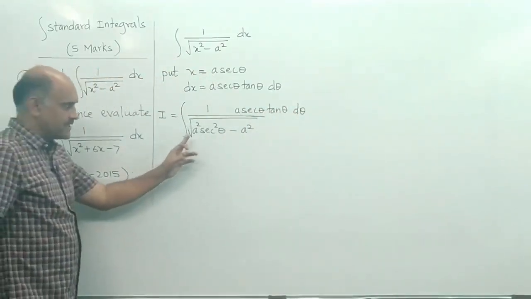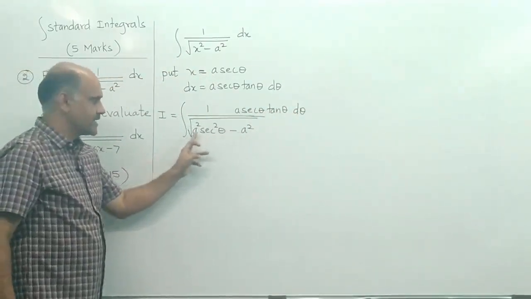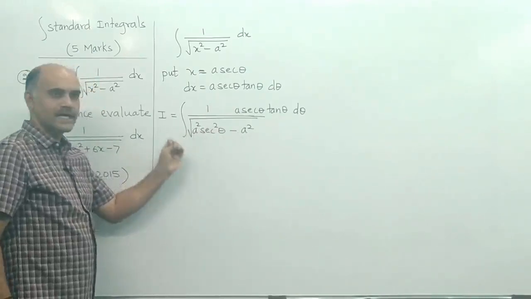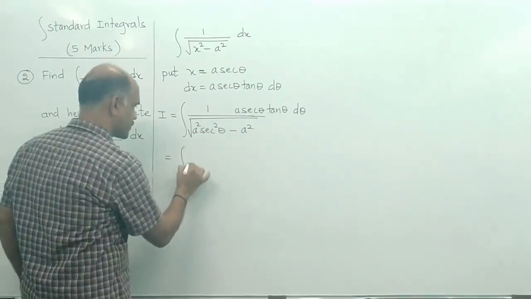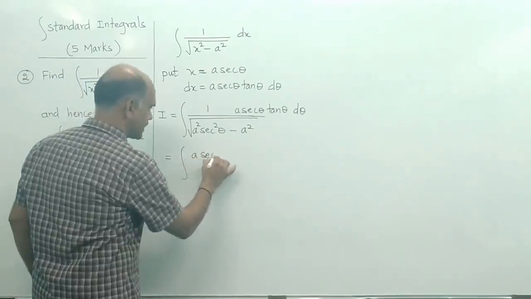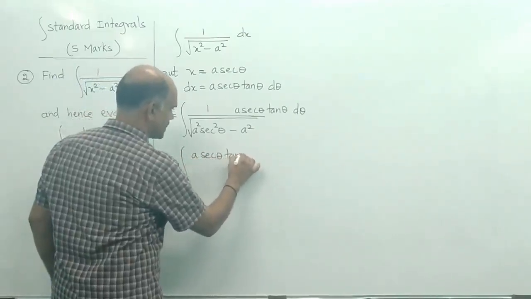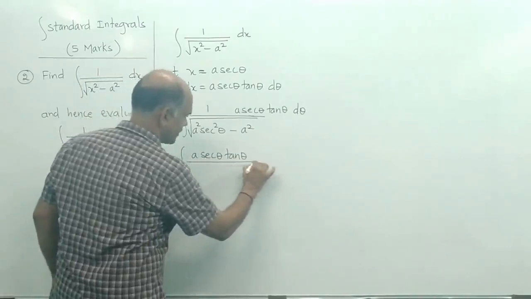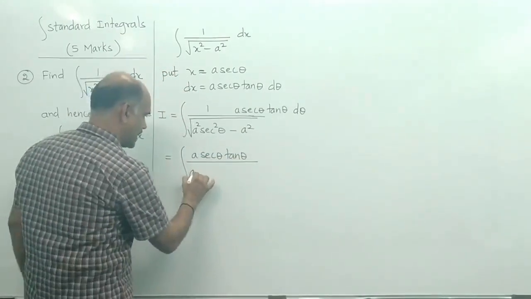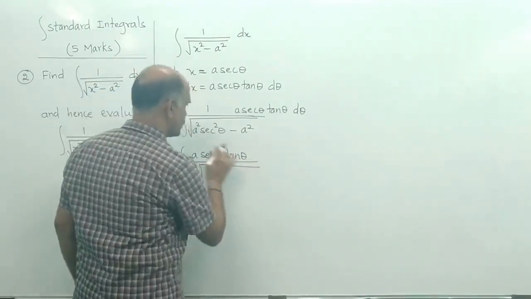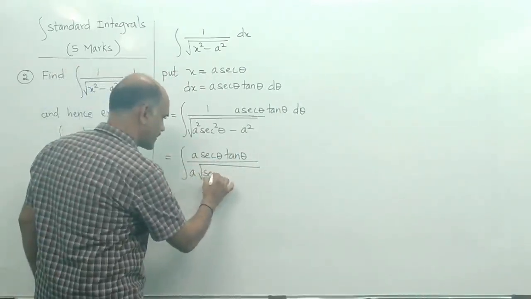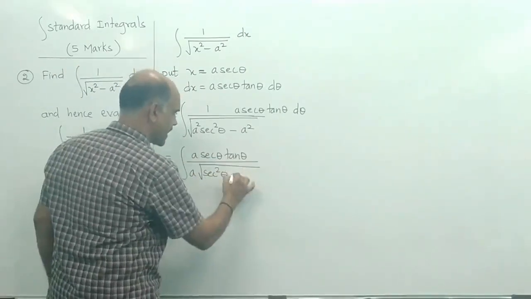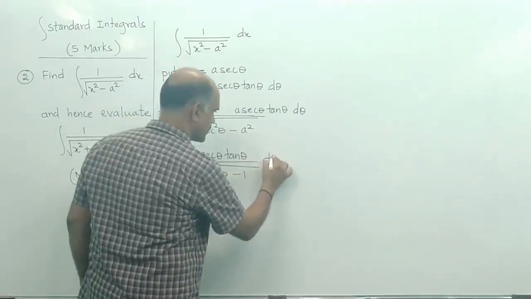Again in the denominator a square will come common, outside root it will become a. So integration of a secant theta into tan theta divided by a root of, if I take a square outside, here remains secant square theta minus 1, into d theta.